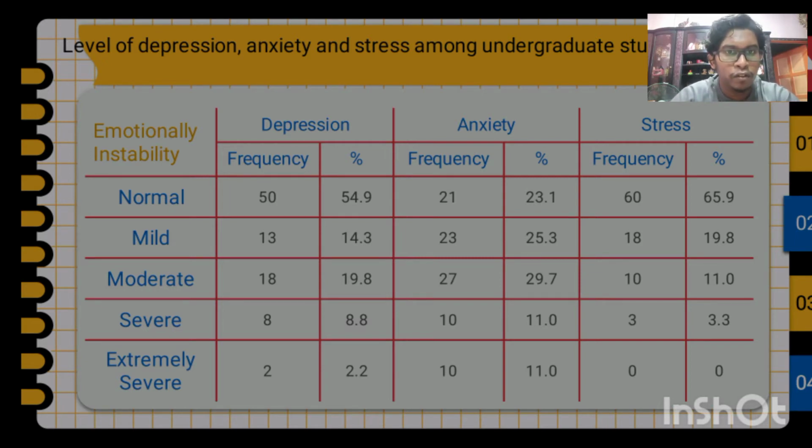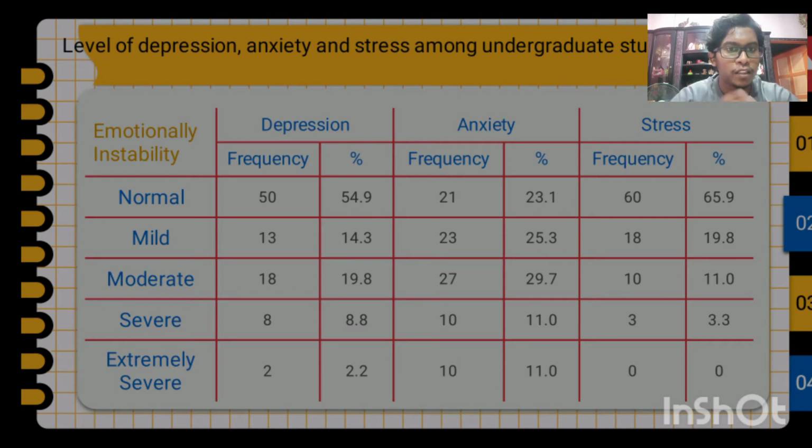The frequency starts from 21, 23, 27, 10 and also another 10, with the percentage for normal 23.1%, mild 25.3%, moderate 29.7%, while as for the severe and extremely severe, both have 11% respectively.